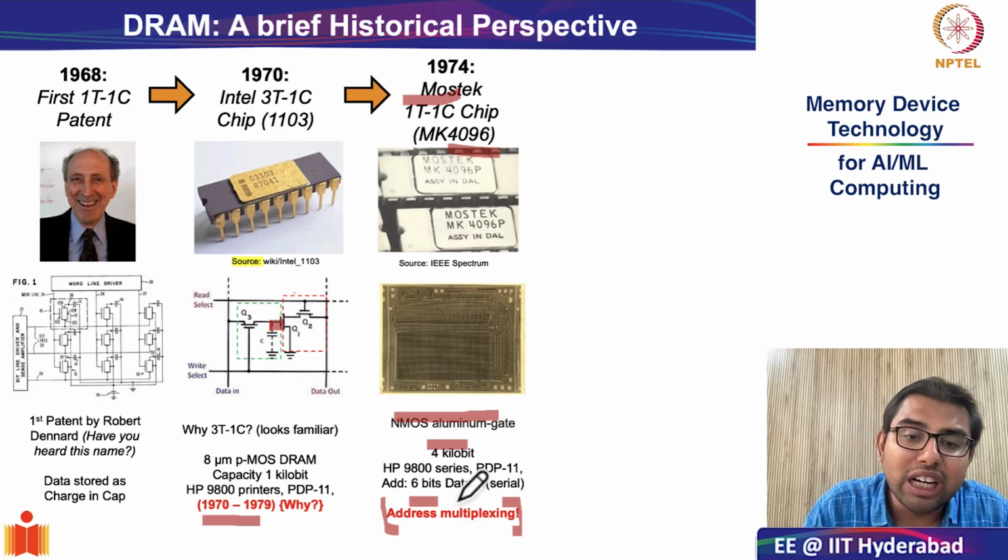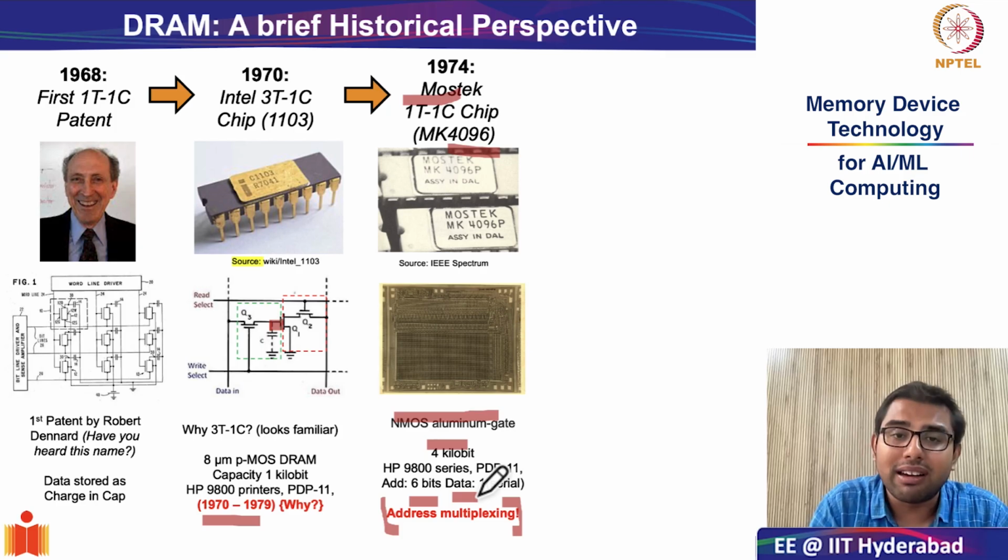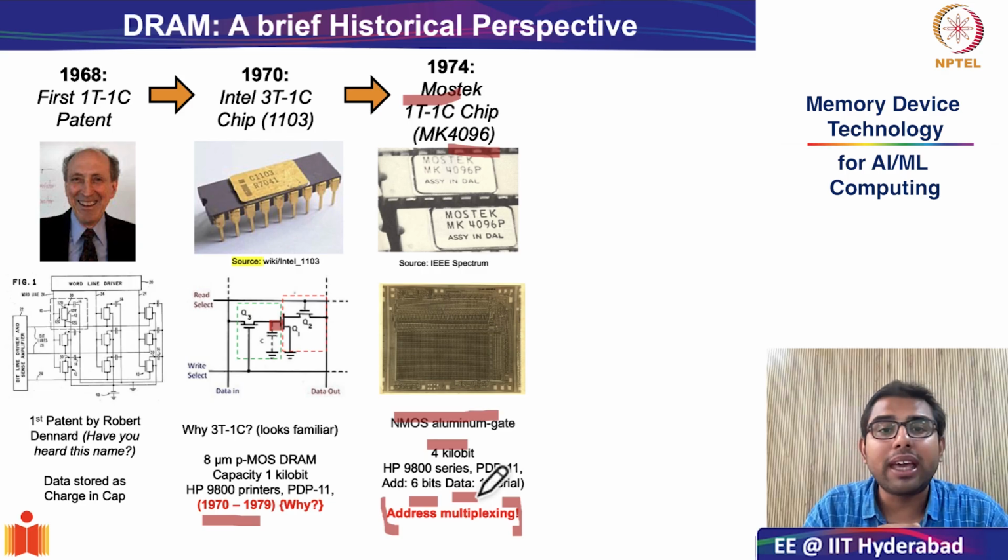But what was very interesting is that the data was only 1 bit. Basically, you were reading out the data serially, 1 bit at a time. So as you can imagine, the speed of these 1T 1C MK4096 cells was very, very low.